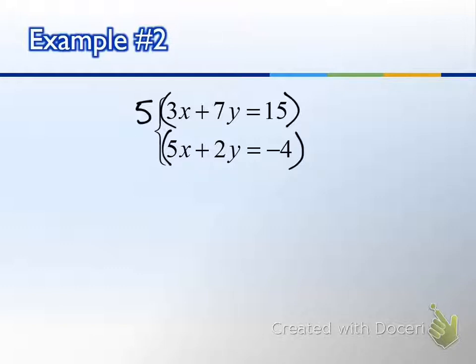Emily. 3. Close. If I multiply the bottom by a 3, are these going to turn into opposites? No. So one of them has to be negative. I don't care which one. We could have used a -5 and a +3. Either way, we want one of them to be positive, one of them to be negative.